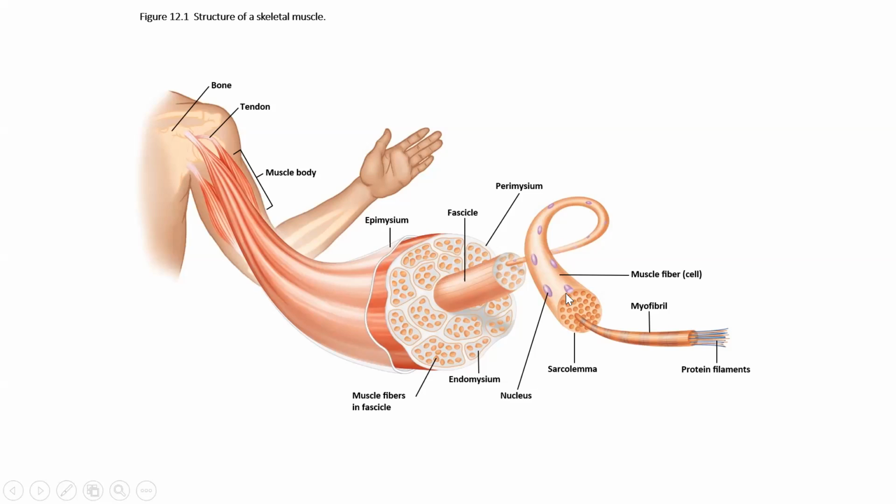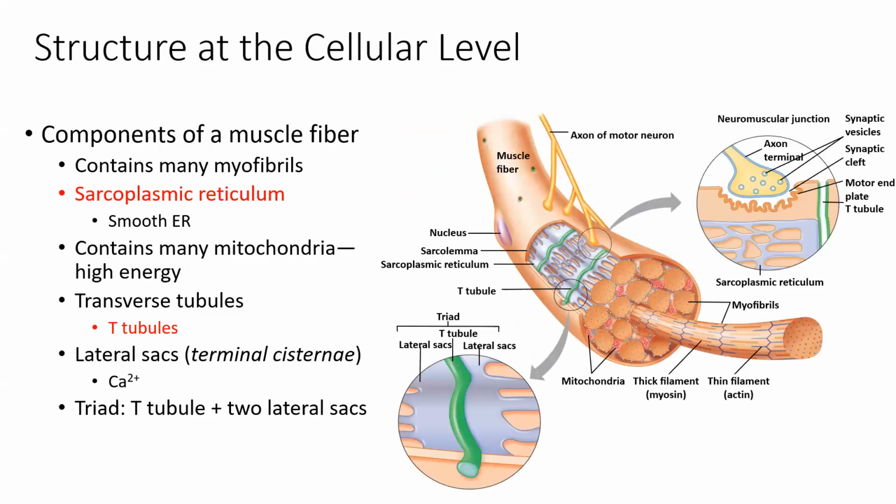Now, if you were to look even closer within that muscle fiber, there are actually smaller repeating subunits inside a single muscle cell. We call these myofibrils, okay? And down at the level of the myofibril, this is really the functional unit of muscle. This is where the muscle function is brought about, down at the level of the myofibril.